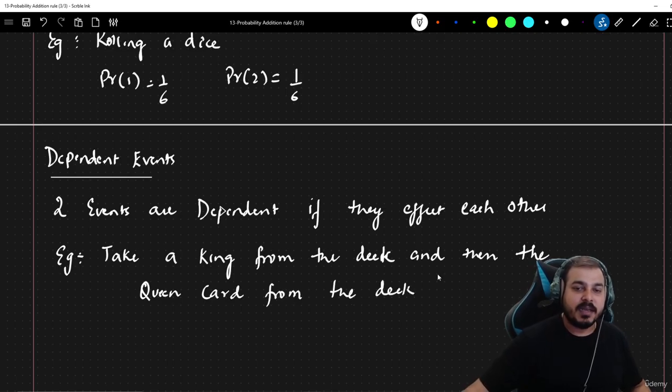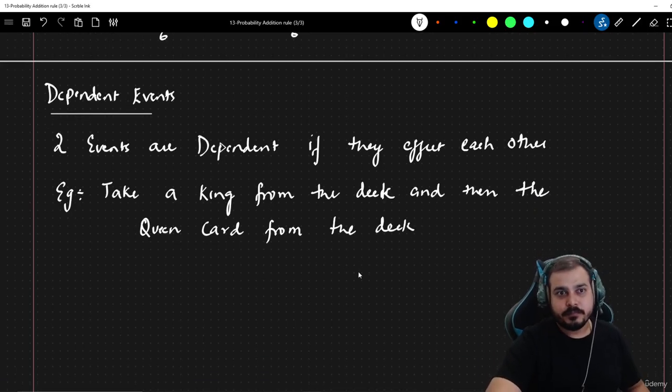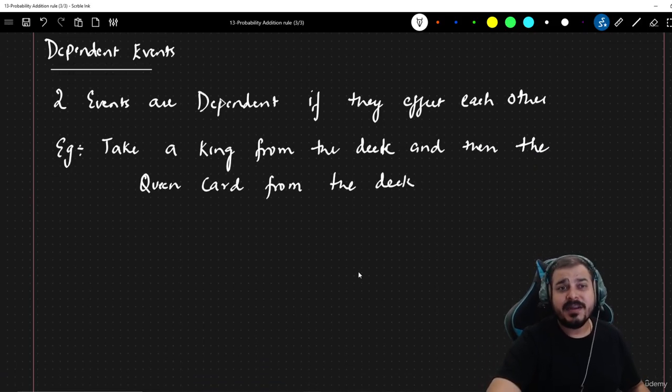Now just think over it, guys. Will this become a dependent event or not? Obviously this is going to become a dependent event, because initially the total number of cards, how much will it be?